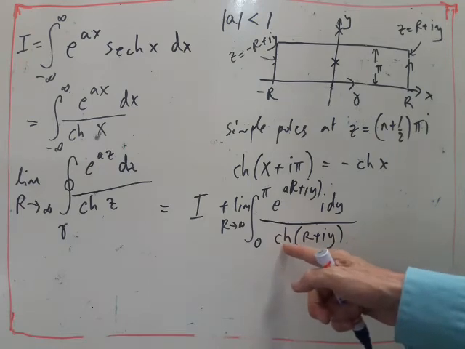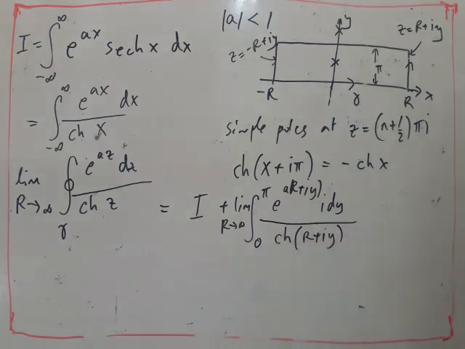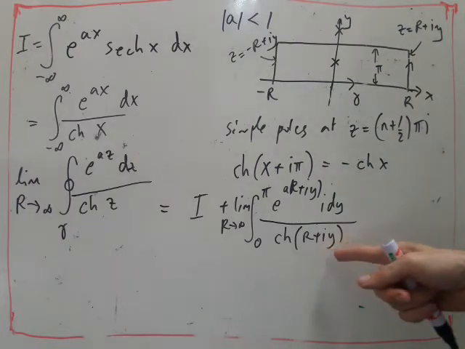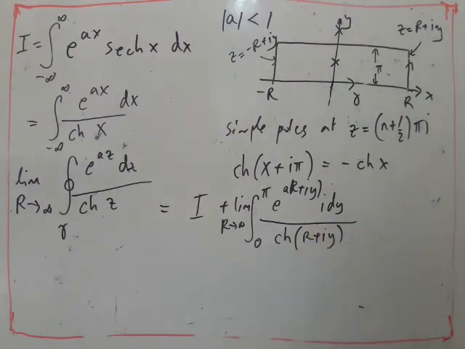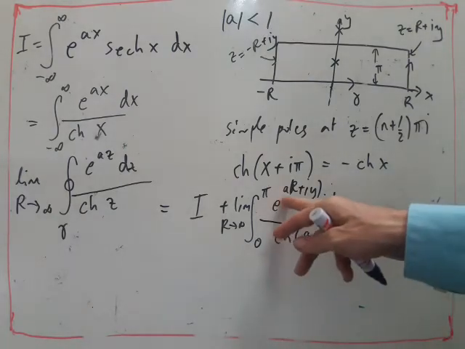Well, we remember that cosh is, of course, e to the something plus e to the minus something. We're not really worried about what the iy does. We're worried about what the r does. So basically we've got e to the r on the bottom, and we've got e to the ar on the top.